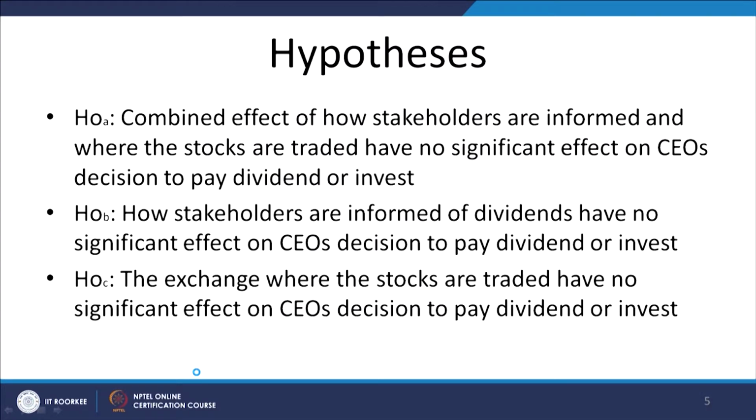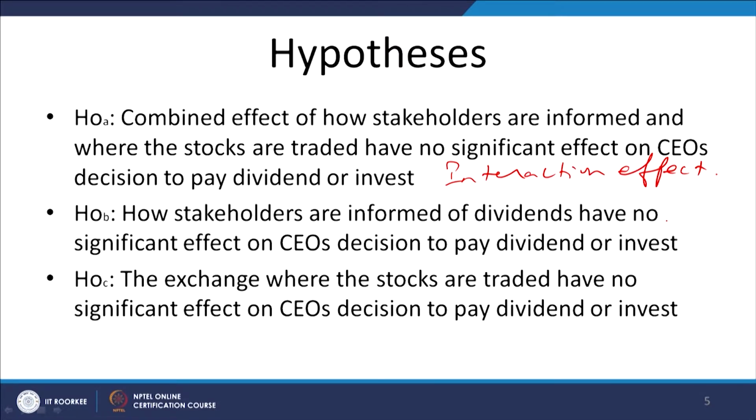Now, what is my hypothesis? First, the combined effect of how stockholders are informed and where the stocks are traded has no significant effect on the CEO's decision to pay dividend or invest. So, this is my interaction effect. Second, how stockholders are informed of dividends has no significant effect.